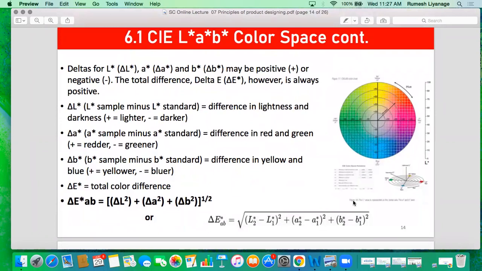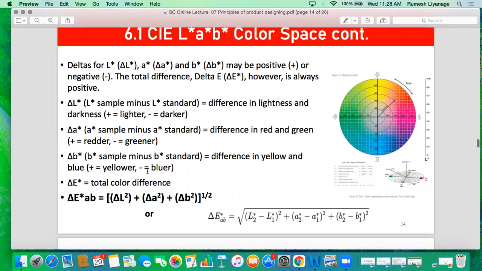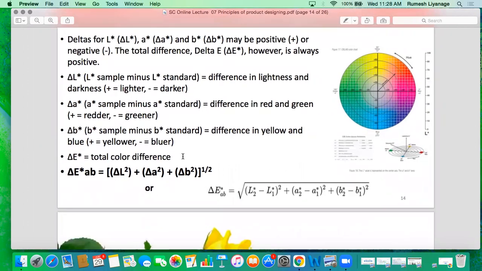Here you can see some examples and calculations, how to calculate LAB values. When we are comparing two samples, there should be two examples. Delta L means L sample minus L standard. If it is +1, more lighter; -1, darker, we have discussed. Delta A again sample minus standard. Delta B again sample minus standard. We can calculate the total color difference, delta E. How to calculate delta E?